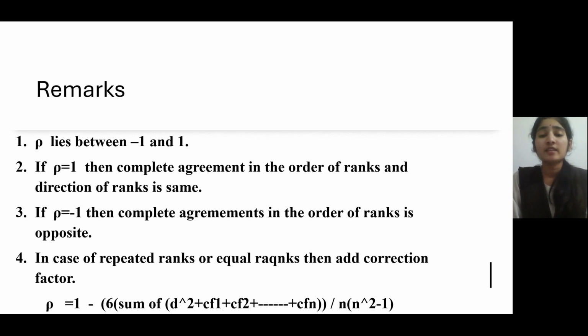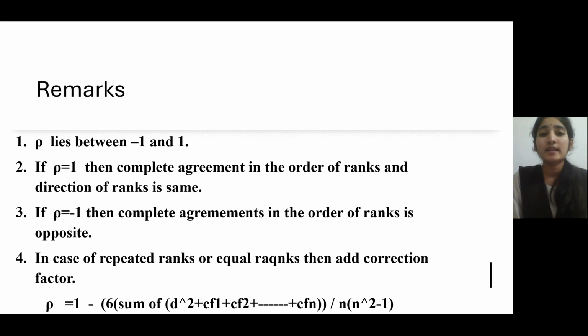In case of repeated ranks or equal ranks, we add a correction factor. For example, if you have two ranks repeated, then the rank given to the two items is the average between them. Then you have to add one correction factor corresponding to that.